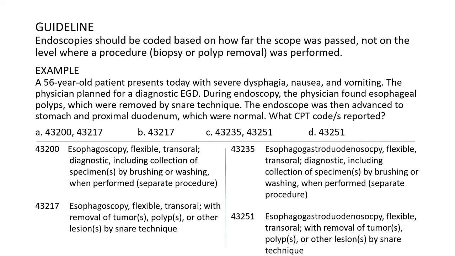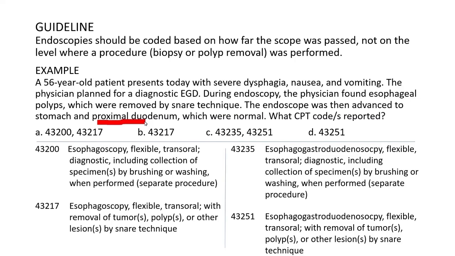In this question, the surgical procedure is only performed in the esophagus. However, the endoscope was passed up to the proximal duodenum, which is the first portion of the duodenum. So as per the guideline, we go with how far the endoscope passes.